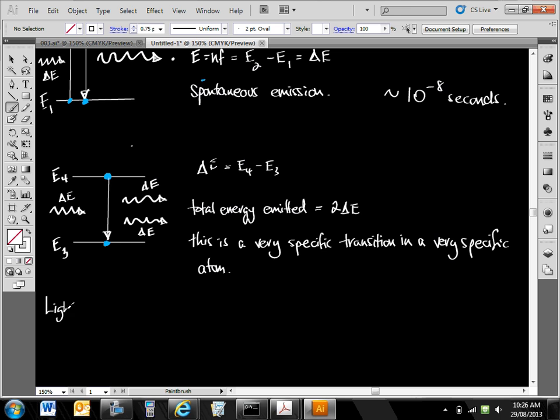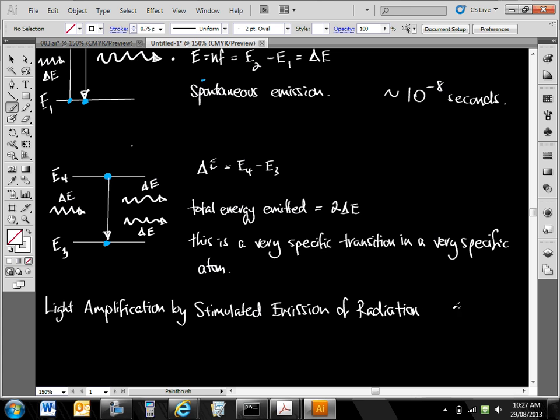light amplification by stimulated emission of radiation, or just LASER.